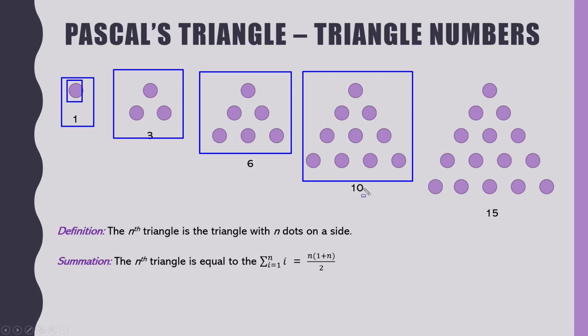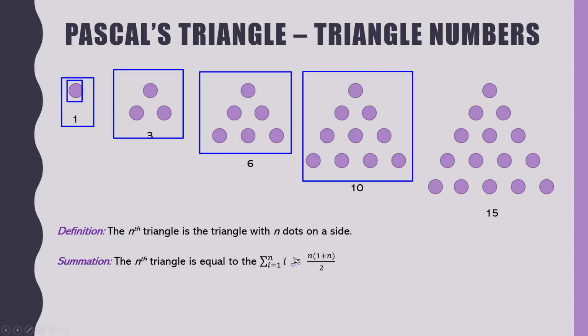Okay, so the first triangle, 1 dot, second triangle, 2. The nth triangle, this is our summation. Remember we talked about sequences and summations? This is a sequence that you sum up here. The nth triangle is equal to the sum of, if we start with 1 and go to n, which is whatever number we're on, the first, the second, the third, the fourth, and you sum up the 1 plus 2 plus 3 plus 4, then that will be the value, that will be the triangle number.